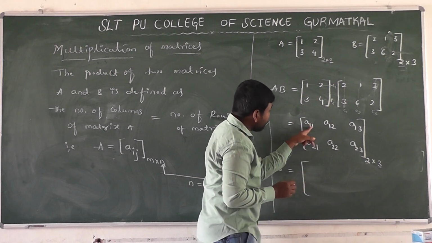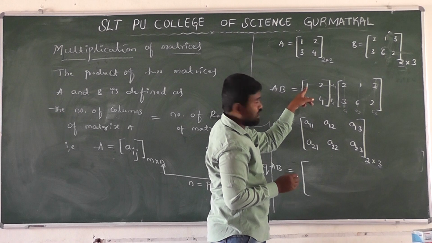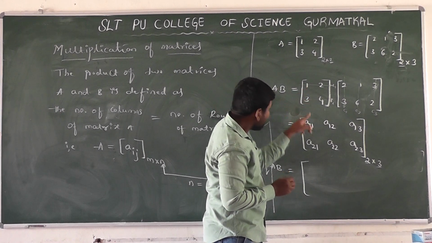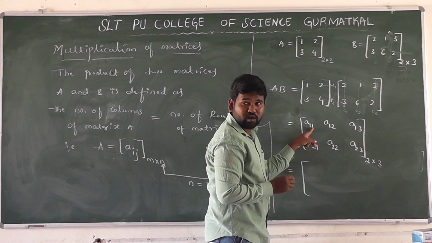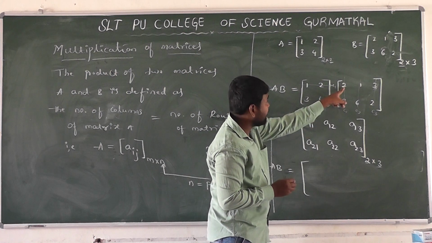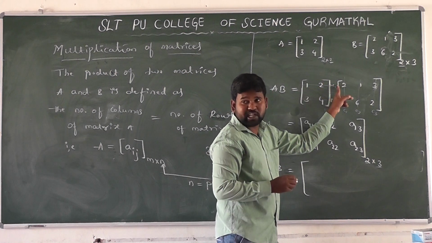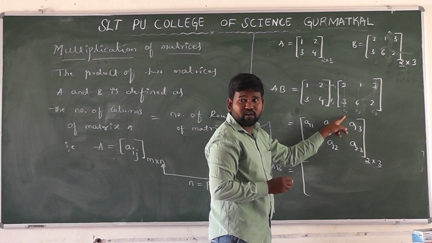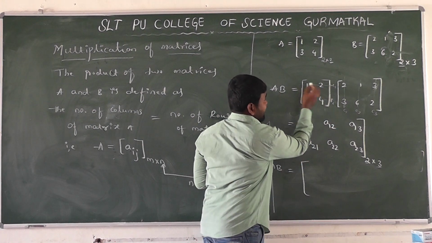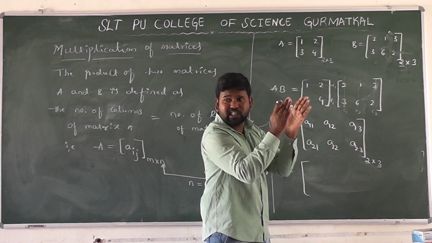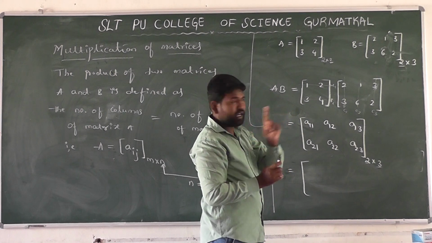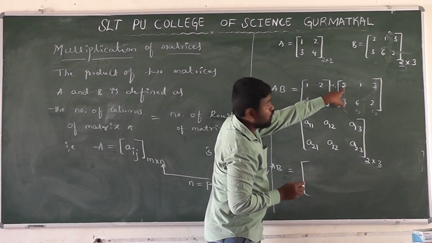What is the first row element of the matrix? 1. And this is the first column. We multiply the corresponding elements of the entire first row and entire first column and get the sum. That gives one element. Then 1 into 2, how much?